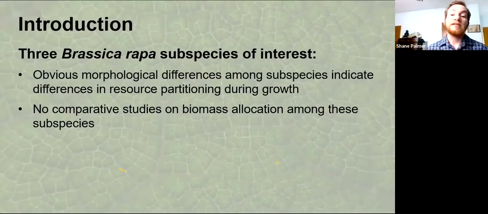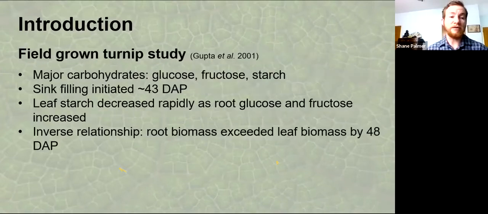That indicates that there are differences in resource partitioning going on during their growth. As I was doing a little bit of background reading, I was unable to find any comparative studies that other people had done among these subspecies. So that was the motivation for me doing this research.